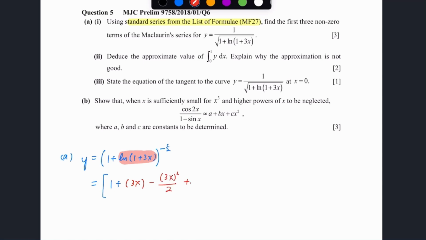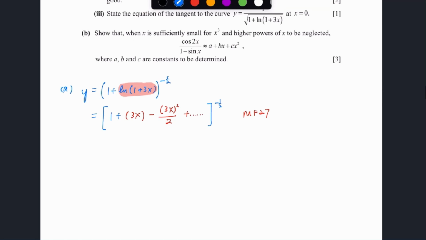We don't need the higher powers, we need until the square. This one is actually from MF27. So using this, simplify.